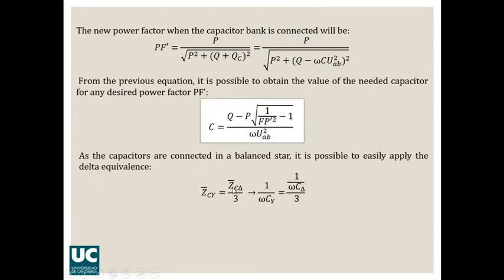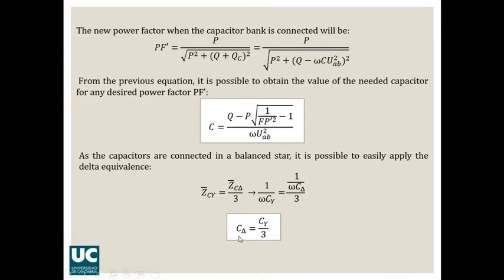If the capacitors are connected in a star, their impedance is going to be 1/3 the impedance in delta. So if you introduce the values here, you can relate the capacitance connected in a star with the needed capacitance when the capacitors are connected in delta. And you are going to get to this result.